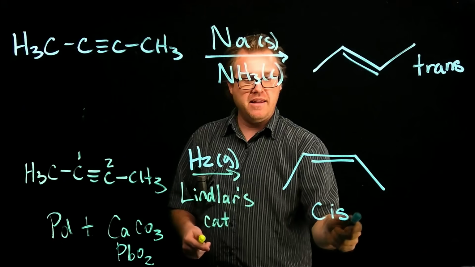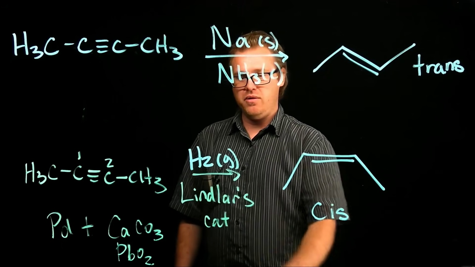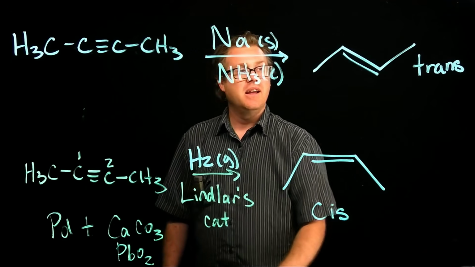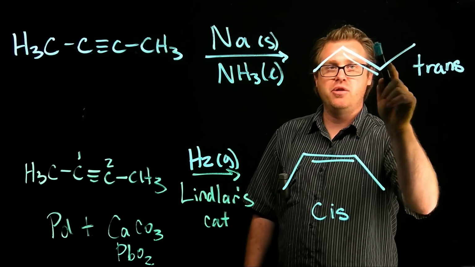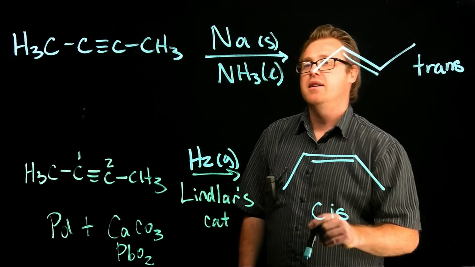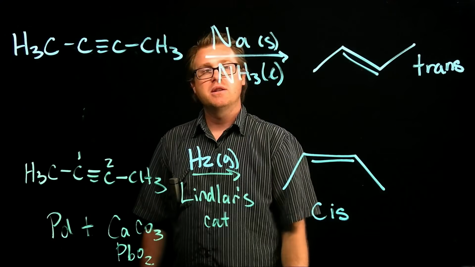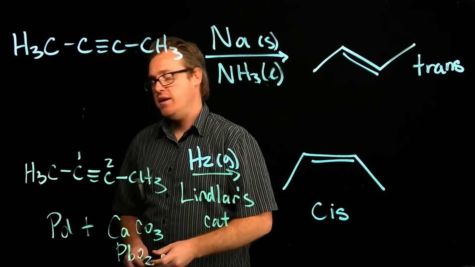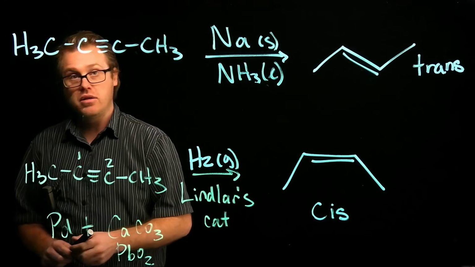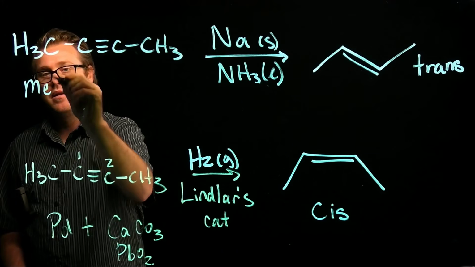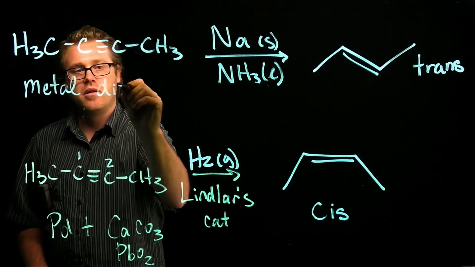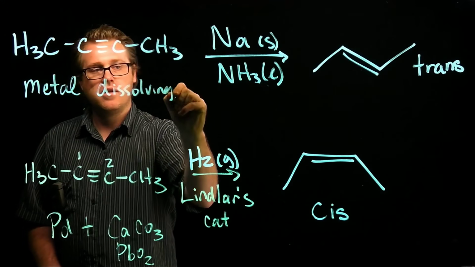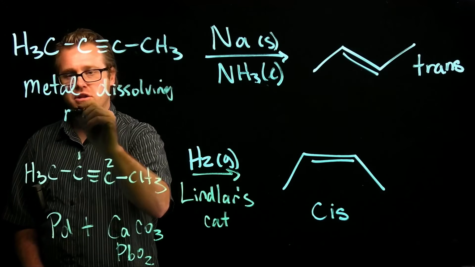So now we have the ability to select for what type of alkene that we want in a particular product. Do we want an alkene that's cis? If we do, then we use Lindlar's catalyst. If we want our alkene to have a trans bond here, then we are going to use sodium metal dissolved in liquid ammonia. And that reaction is called a metal dissolving reduction.